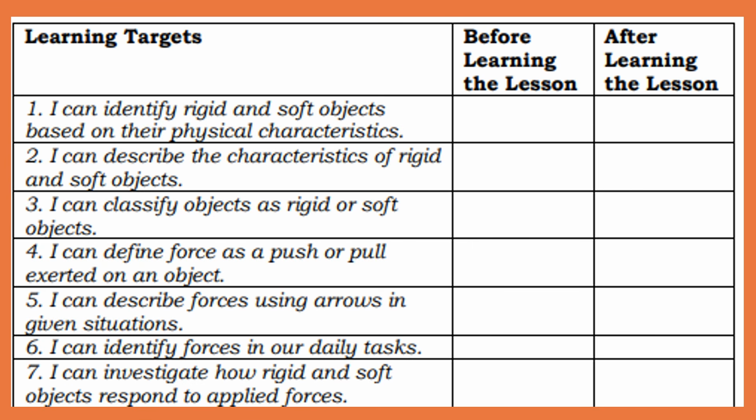Fourth, I can define force as a push or pull exerted on an object. Fifth, I can describe forces using arrows in given situations. Sixth, I can identify forces in our daily task. And seventh, I can investigate how rigid and soft objects respond to applied forces.